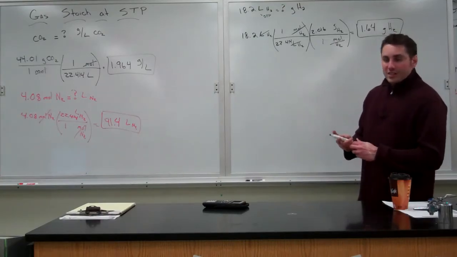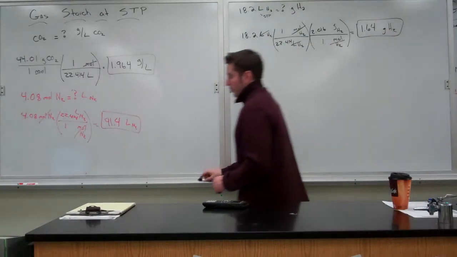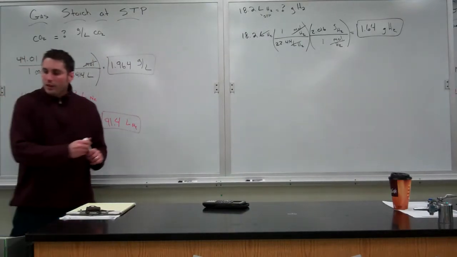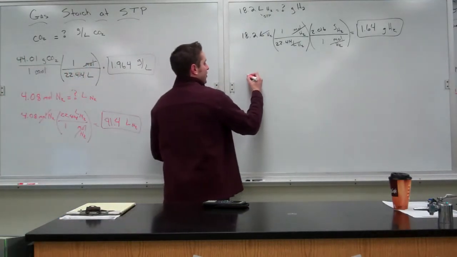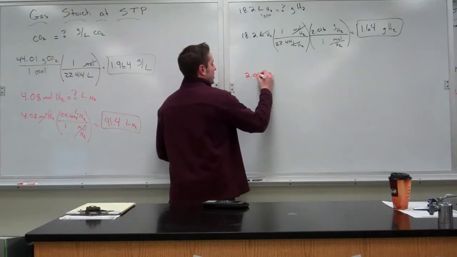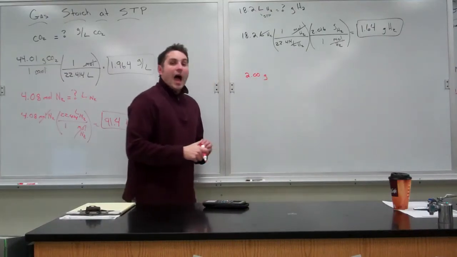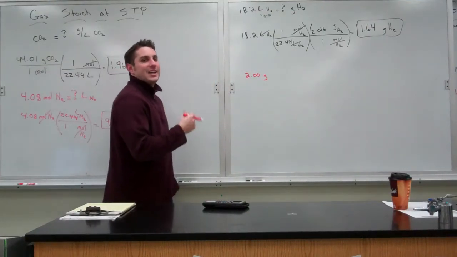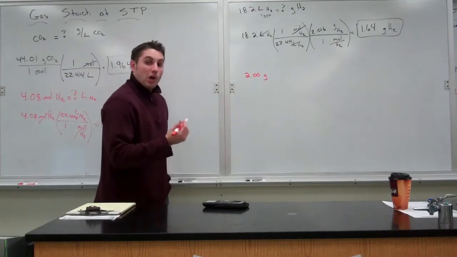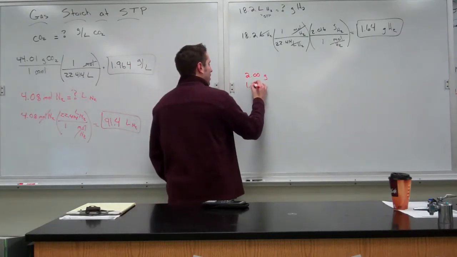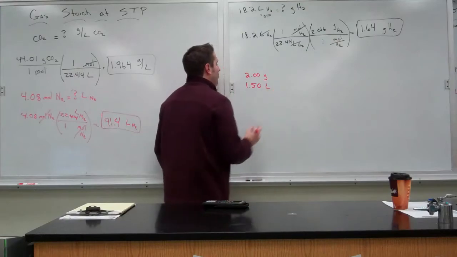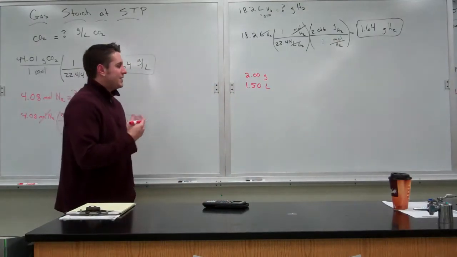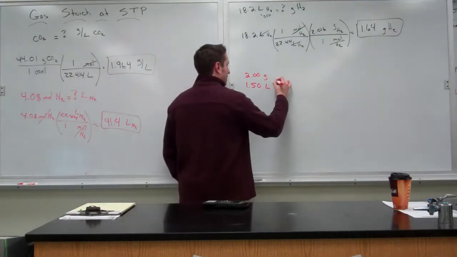That's okay, we will just list both of those numbers. First number that I was given was 2.00 grams. I don't know its identity, it just says of a gas. It also tells me that that takes up 1.50 liters of space at STP.